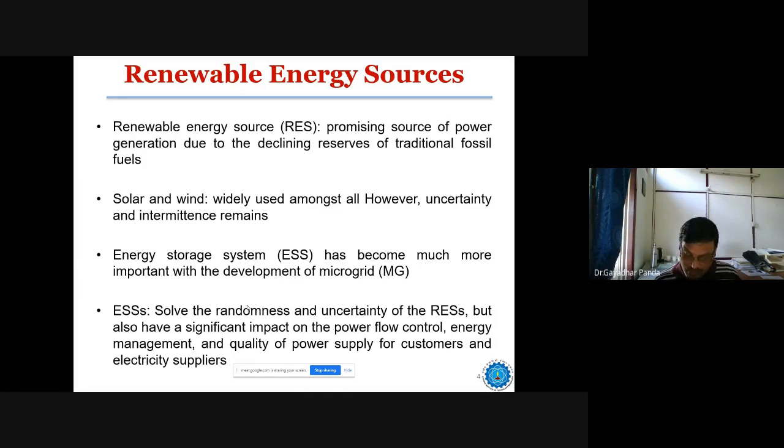There is much more research going on also: how you will optimize the energy storage devices, and which of the energy storage devices is more economical, as well as the lifespan is more, maintenance will be less. All those aspects are there. A lot of research in the energy storage.